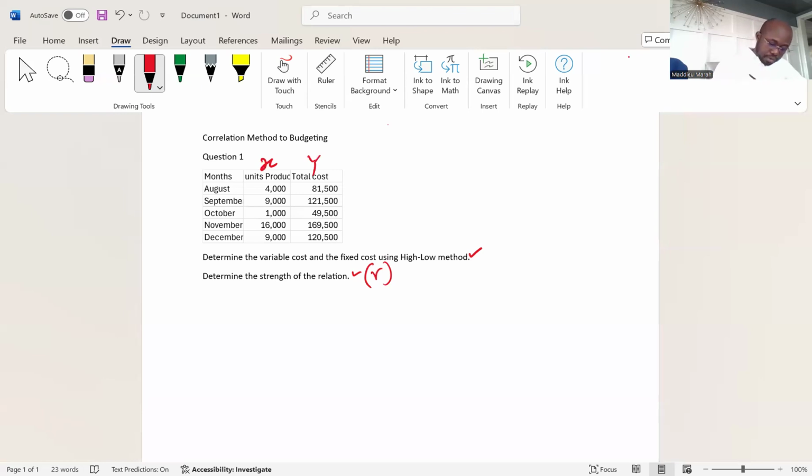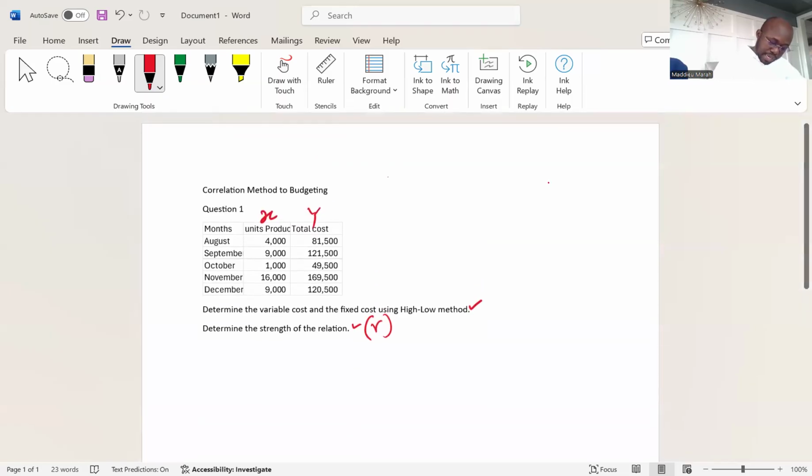Let me state the formula first before we get the values. Remember, in our last class, we learned that R denotes the strength of the relation.